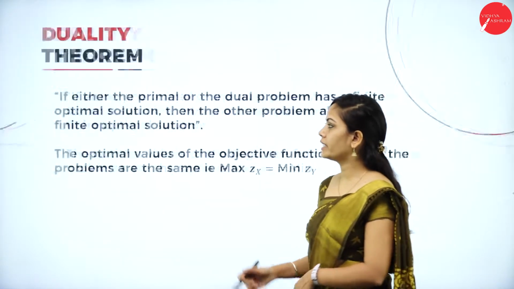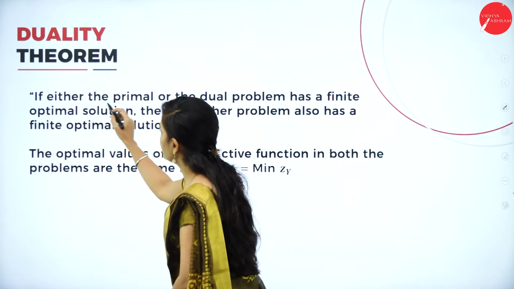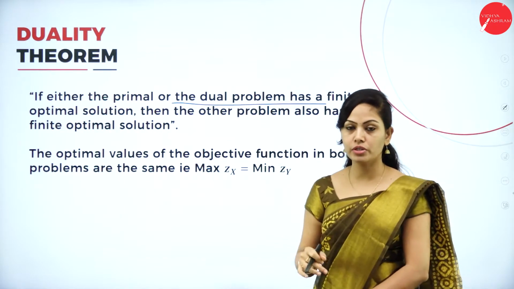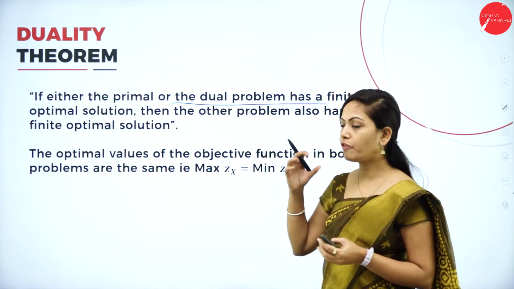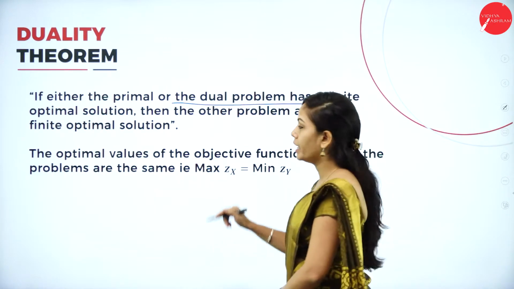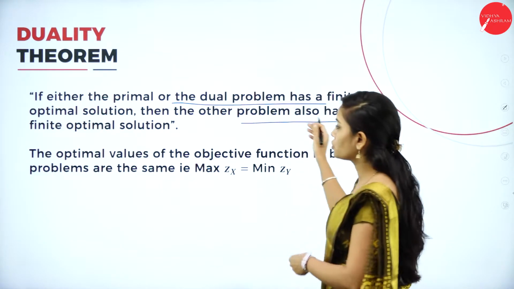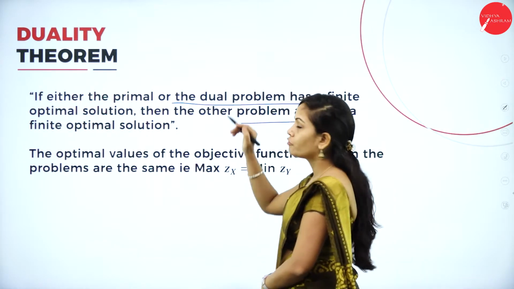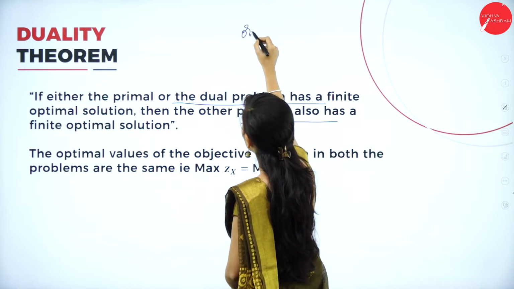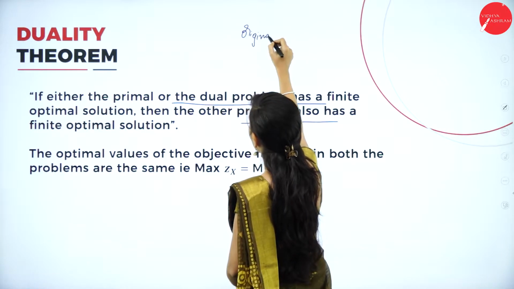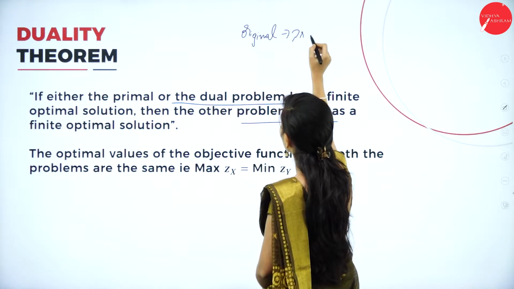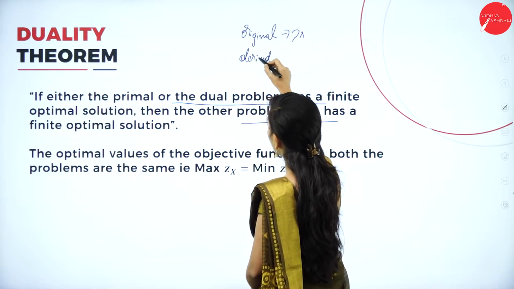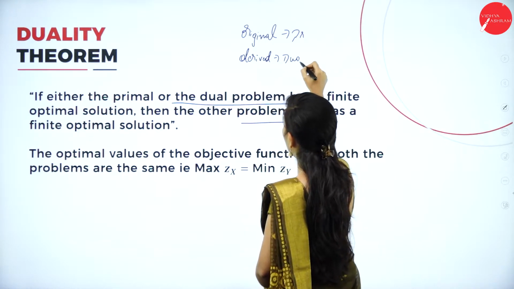And what does this duality theorem state? If either the primal or the dual problem has a finite optimal solution, then the other problem also has a finite optimal solution, because from the original primal problem we are getting the derived dual problem.